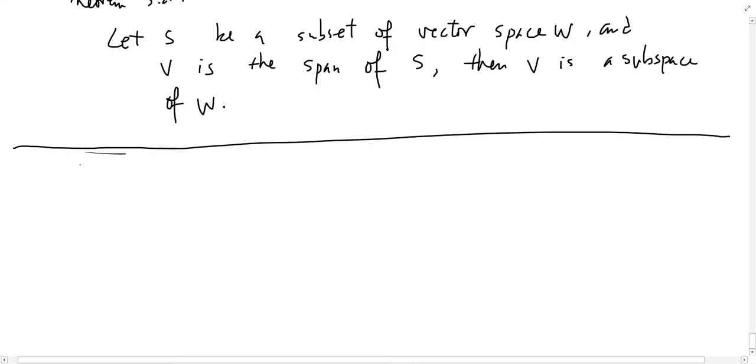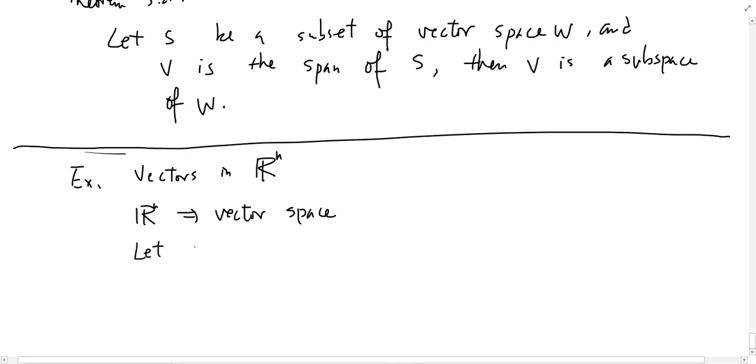So here's an example. Let's say we talk about vectors in Rn. In this case, Rn is our vector space. I'm going to define two vectors in Rn. Let's say vector u is 1, 0, ..., 0, with n minus 1 zeros after the 1. And let's say vector v is 0, 1, 0, ..., 0 with a 0 at the end.